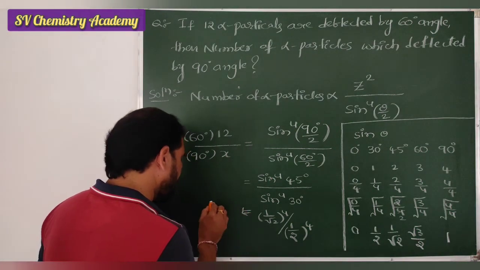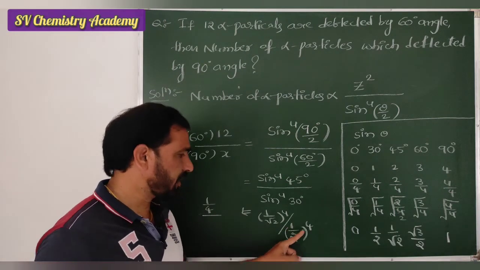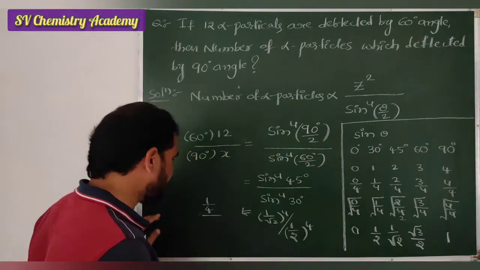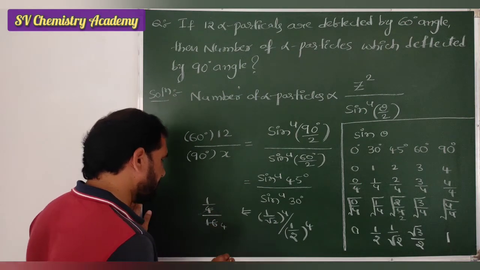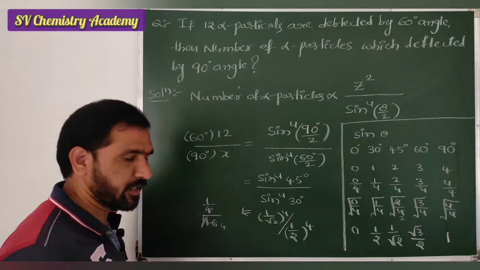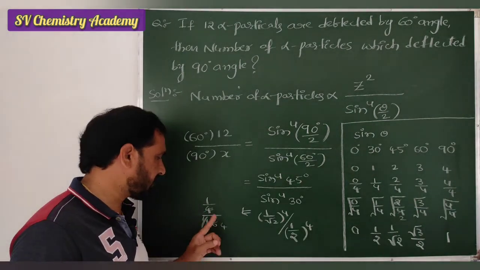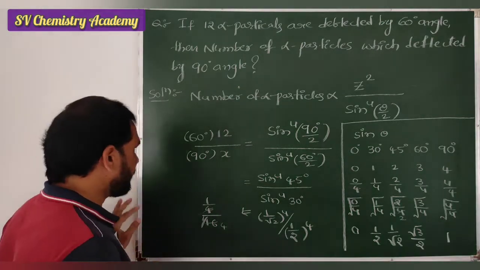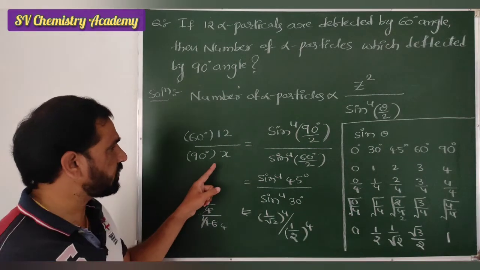Therefore 1 by 4 divided by 1 by 16, since 2 power 4 means 16. That is 4. Is it clear? Therefore for 90 degrees, what did the question ask?